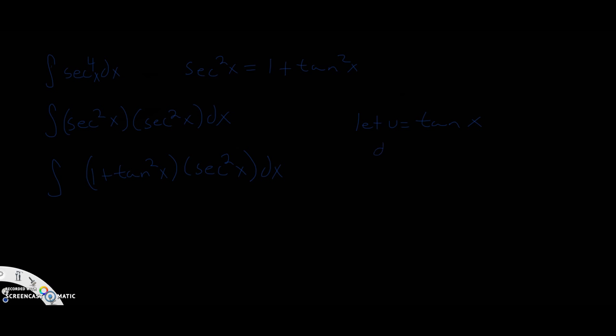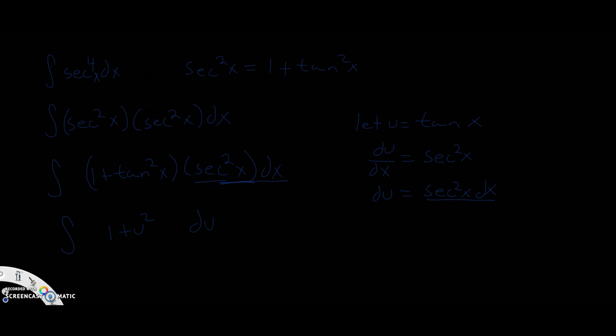So du over dx is going to equal secant squared x. And now you could say du equals secant squared x dx. So now this is really this piece. So now I could write 1 plus u squared du instead of the underlined pieces.